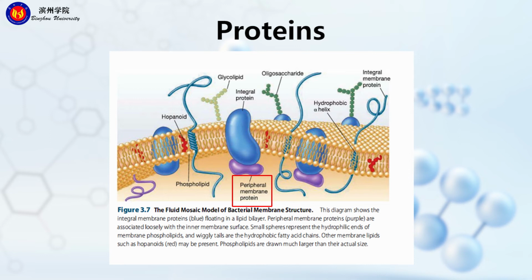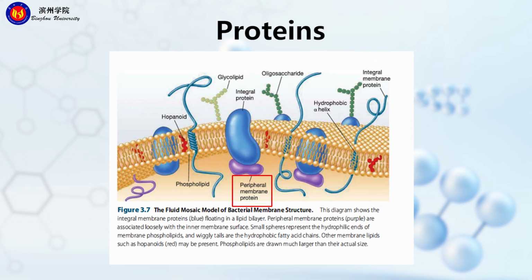They are soluble in aqueous solutions and make up about 20 to 30 percent of total membrane protein. The remaining proteins are integral membrane proteins. You can see them in the picture. These are not easily extracted from membranes and are insoluble in aqueous solution when freed of lipids.